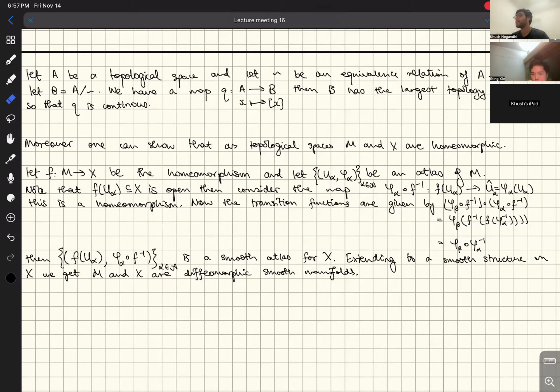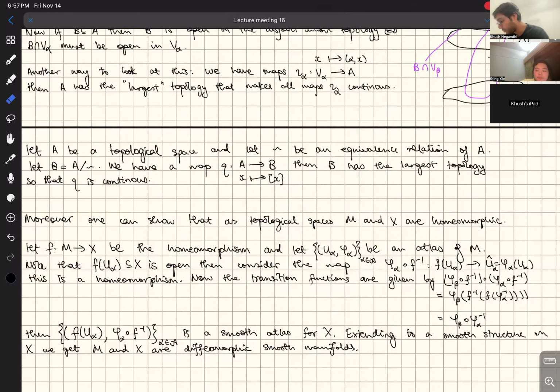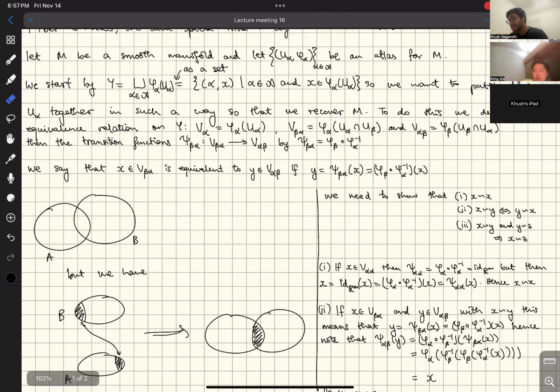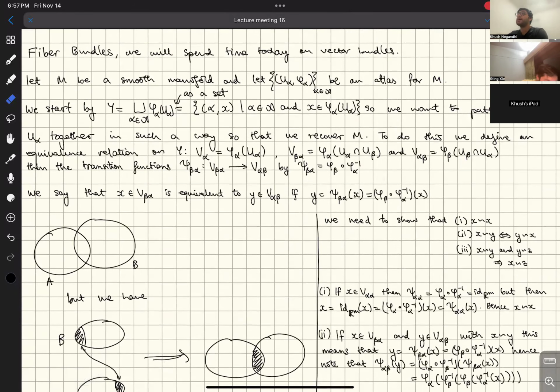Okay. Because this is now going to be a very, very important concept. What we're going to do now is take local data that satisfies the conditions of the things here, in the sense that we have a collection of sets.